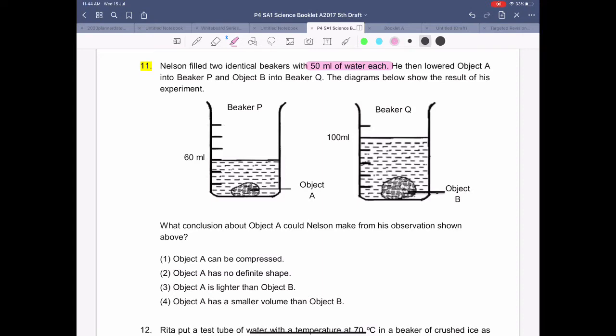So in this question, the topic would be on matter once again. And the concept that they are testing you on, if you take a look at it, is that matter occupies space.